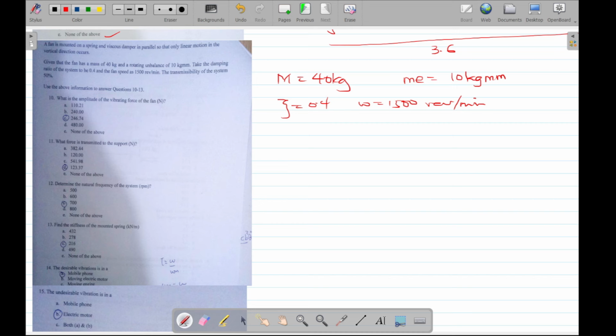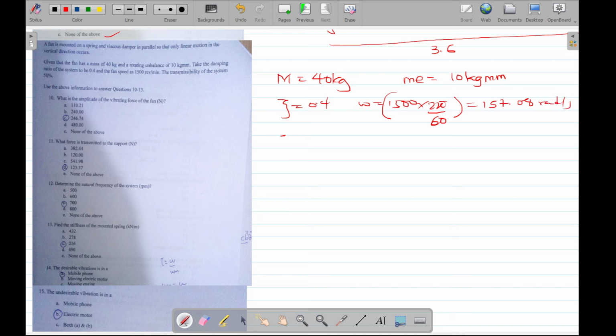We have to work with rad per second, so you multiply by 2 pi on 60. Don't forget that. So I want to do this before I forget. That will be 1500 times 2 pi on 60, and that's 157.08 rad per second.